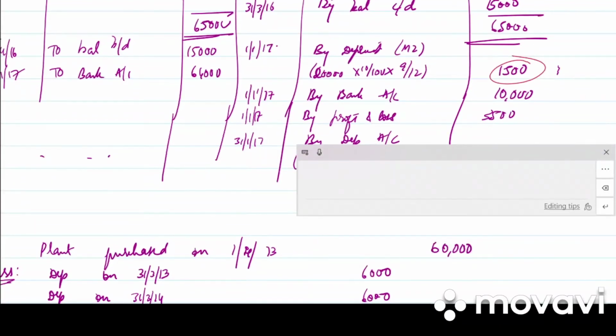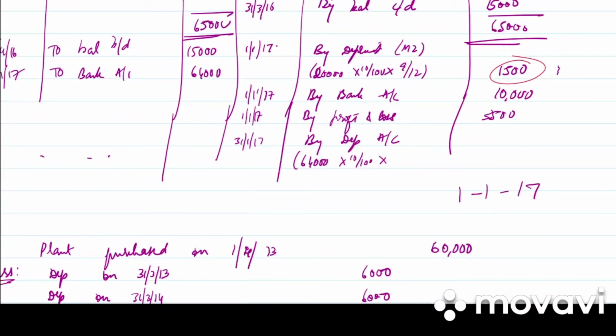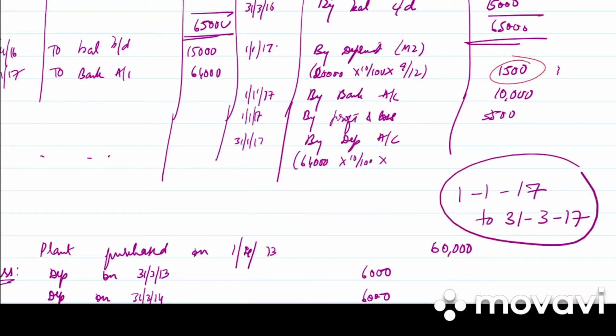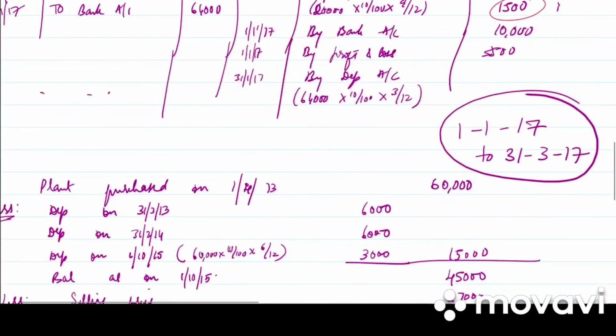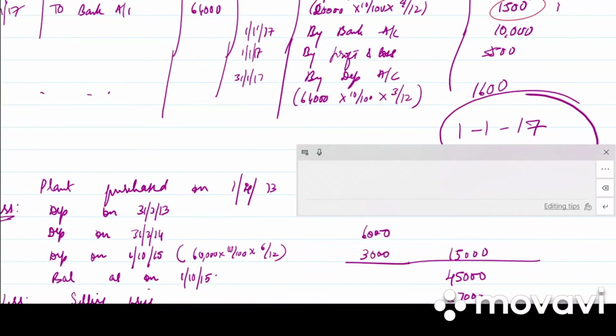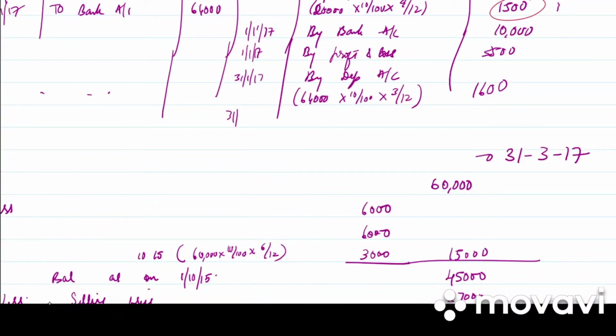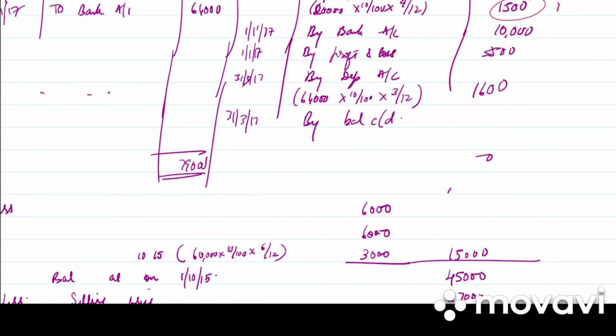It is purchased on 1st January 2017 to 31st March 2017. We need to calculate the depreciation from the date of purchase till the financial year end. How much is it? 3 by 12. So we get 1,600. Last, on 31st March 2017 we have by balance carried down. What is the total? 79,000.